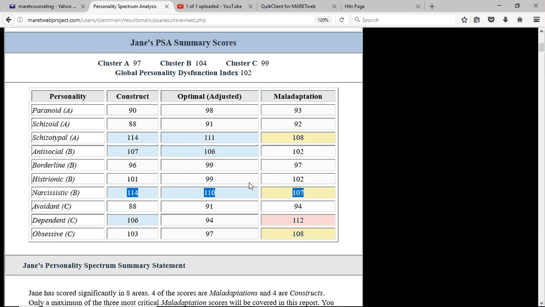Narcissism has a construct and an optimal and a maladaptation score that is elevated. The schizotypal has, again, the same three. Antisocial only has these two. Dependent only has this one and this one. And obsessive is just weird.